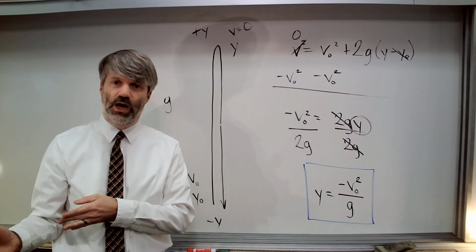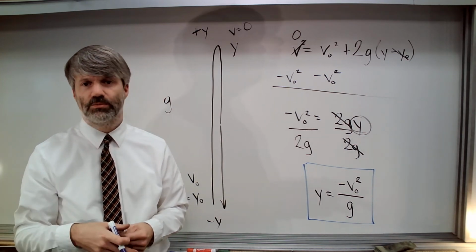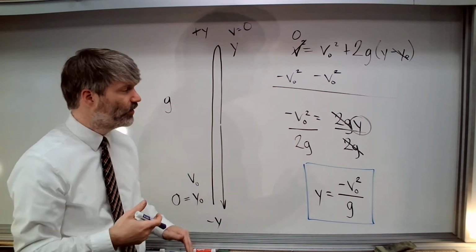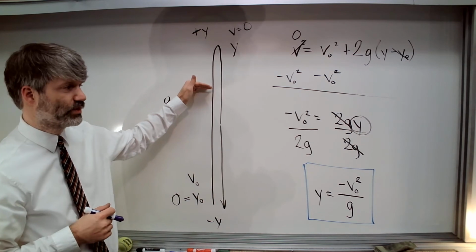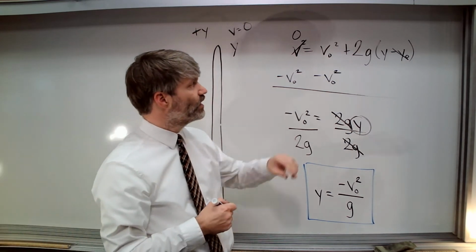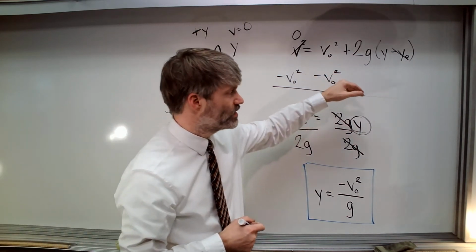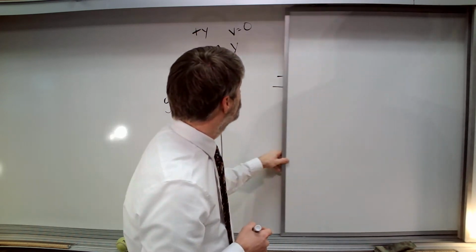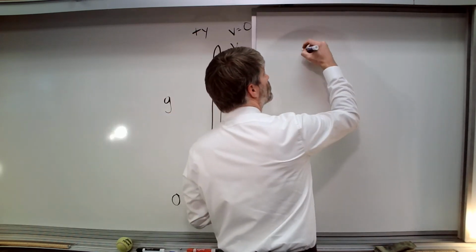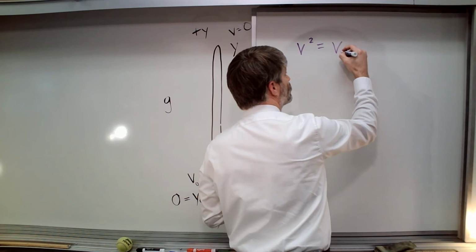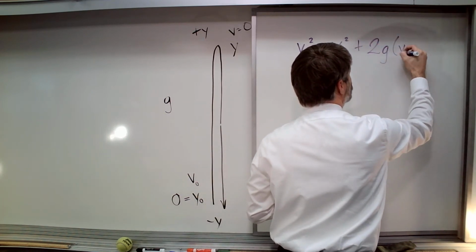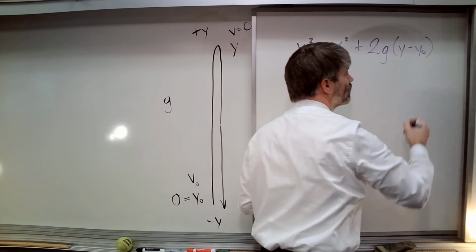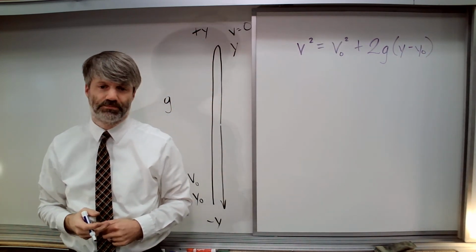a new y, we'll call it y1/2, because we're looking for the vertical position when the object has 1/2 of its original speed. Now again, we're going to start off with this equation here. V squared is v0 squared plus 2g times (y minus y0).